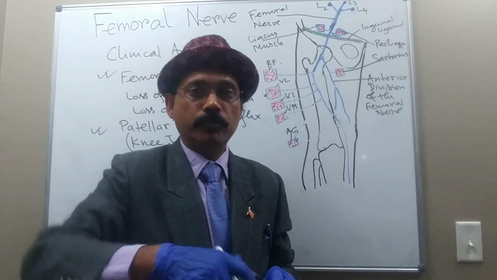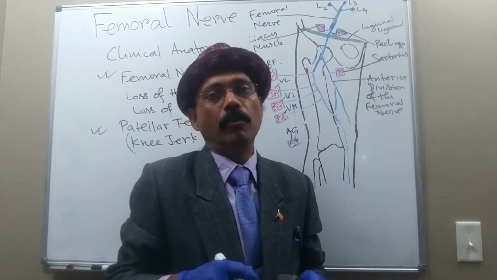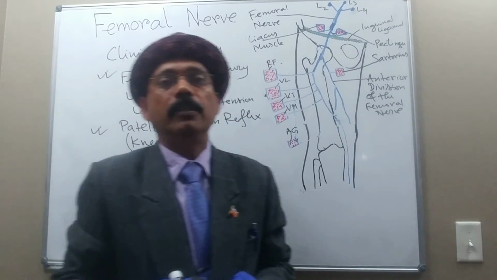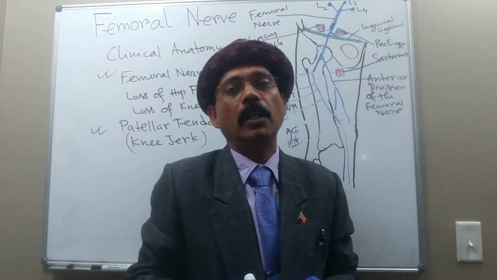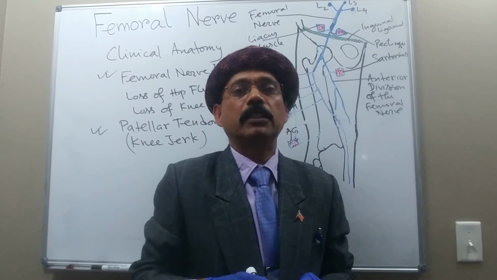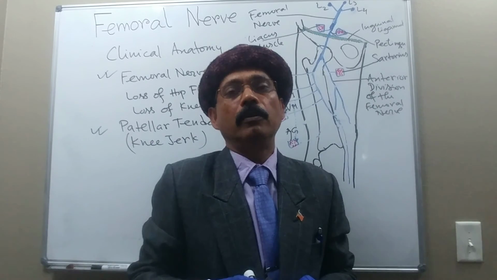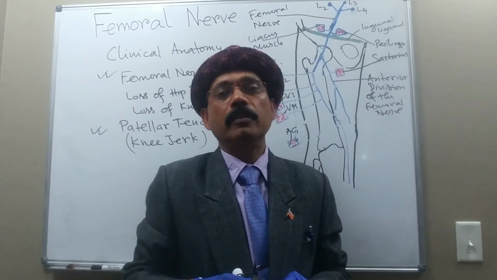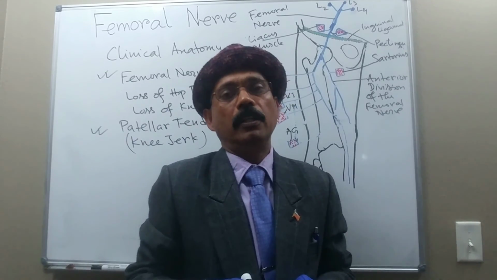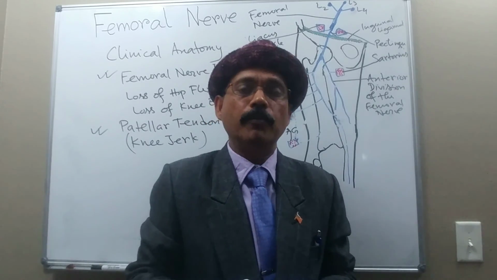The knee joint should extend on tapping the ligamentum patellae. That indicates the lumbar 2, lumbar 3, lumbar 4 spinal cord segments are intact, because the ligamentum patellae is the continuation of the quadriceps femoris tendon, and the nerve supply is from the femoral nerve.